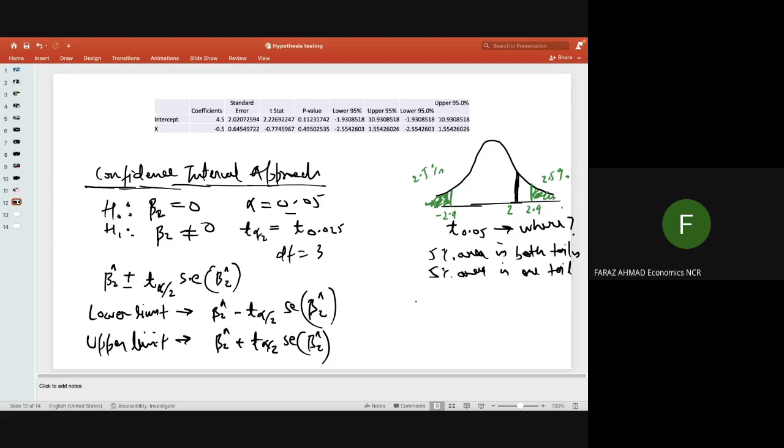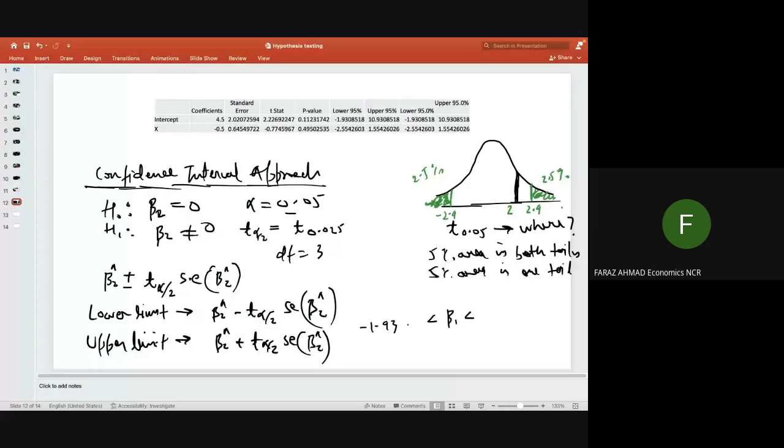So the rule is that if this is the limit, beta 1 would be between minus 1.9308 up to 10.9308, and beta 2 would lie between minus 2.554 and 1.5542.